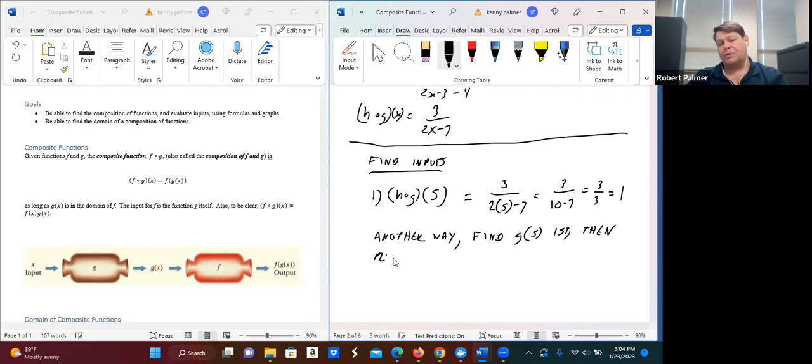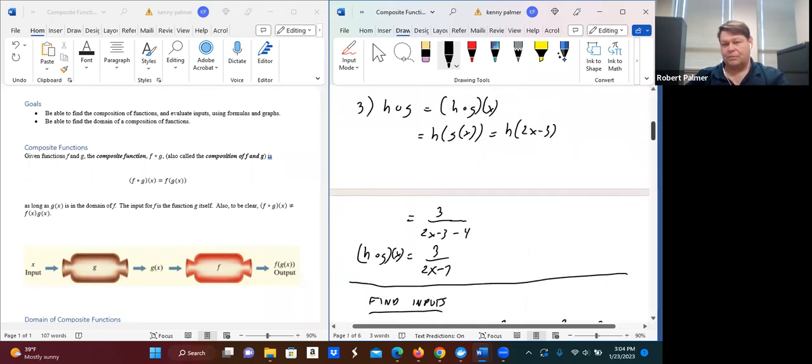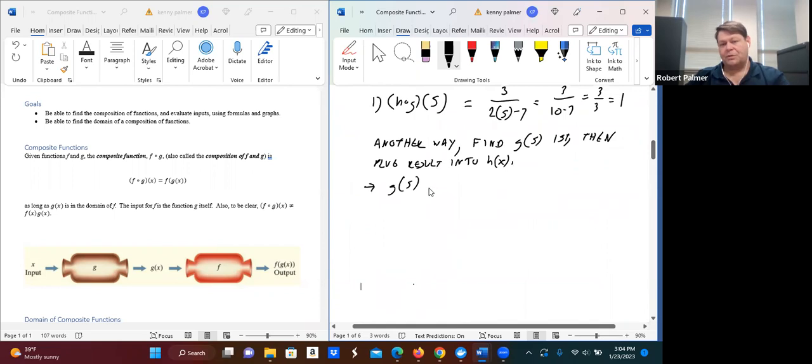Then we just plug that result into my function h of x. Okay, let's explain that. So we do it this way. So g of 5, remember g, the function g, is 2x minus 3. Let's do that first. So that's going to be 2 times x, which is 5, minus 3. Okay.